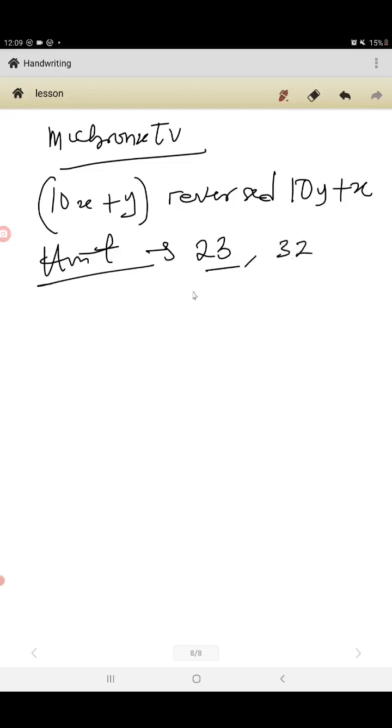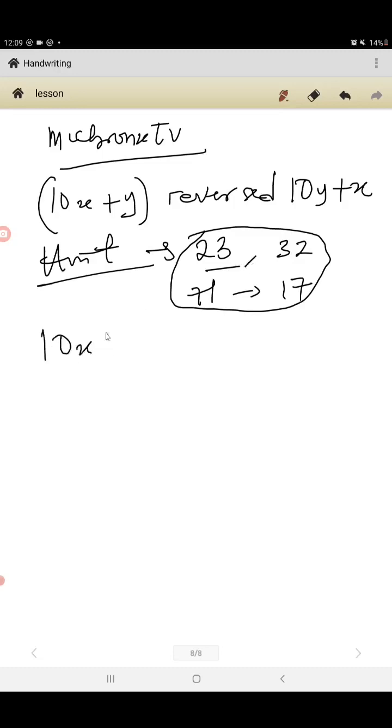Or for example, we have 71. It will be reversed to 17. So that is what we are trying to explain here. So we said 10x plus y reversed. They now say that when the number is reversed, it exceeds by, it means you have to subtract the number, and it will give us 9.